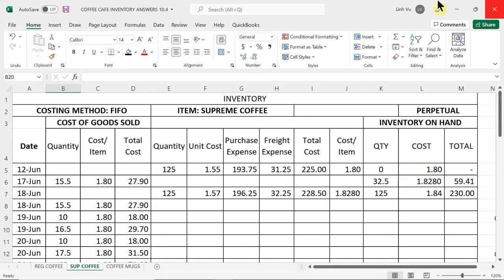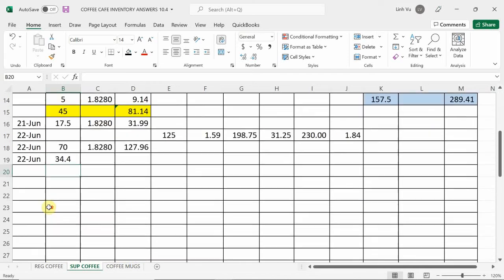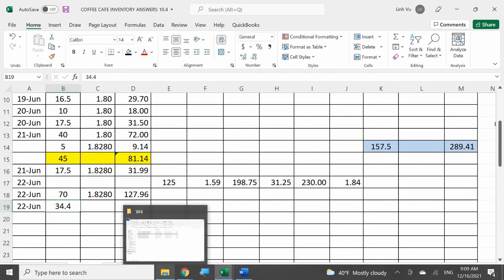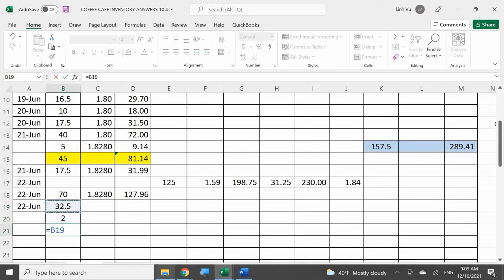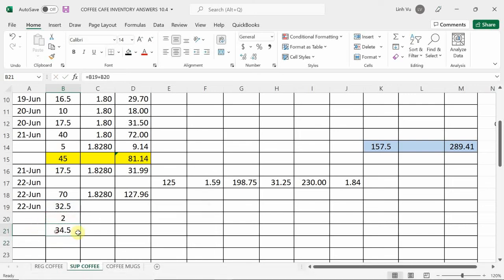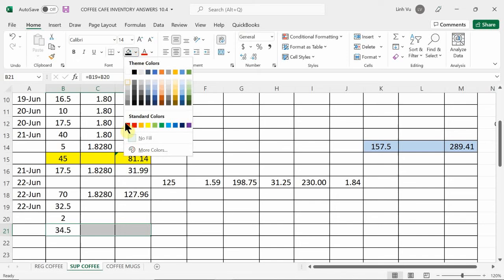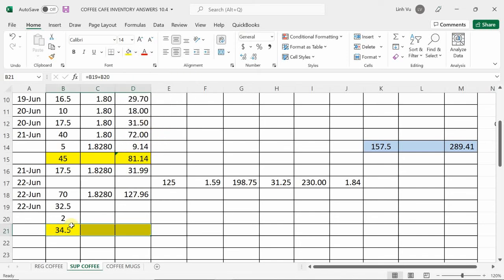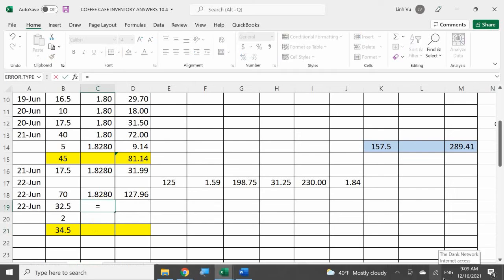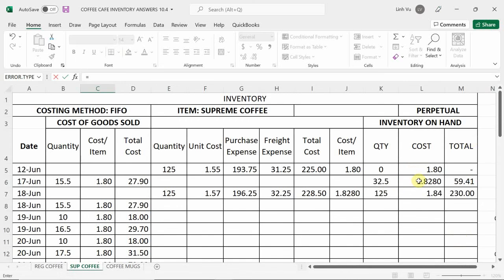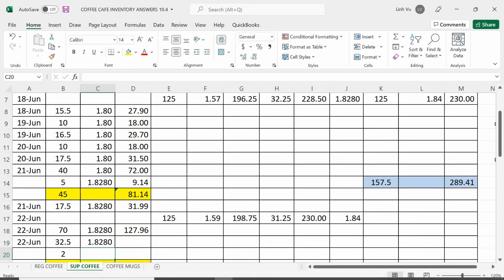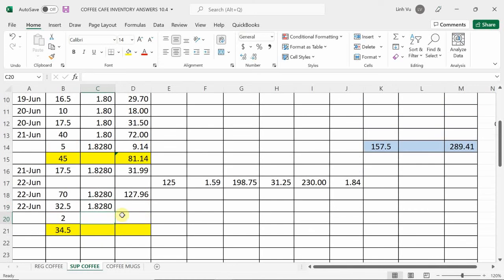Okay. So that means this is going to be a calculation here. Okay, so 59.41, right?